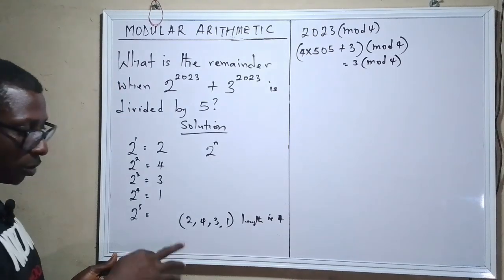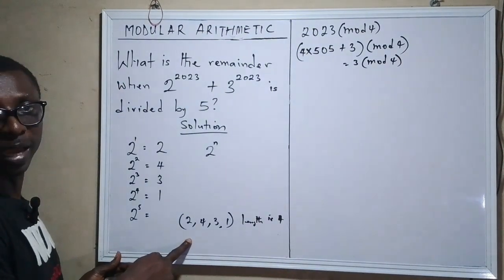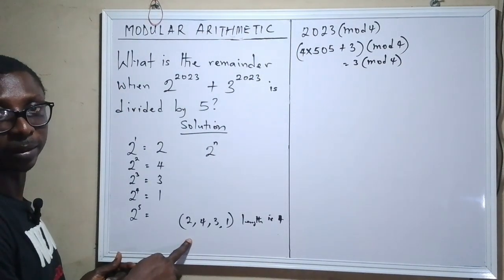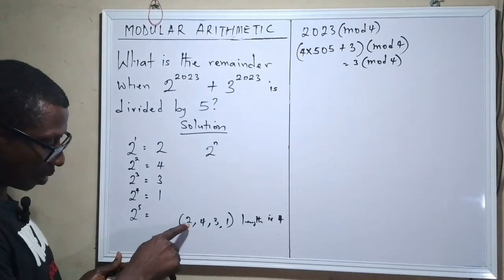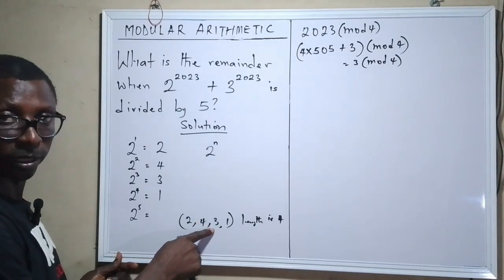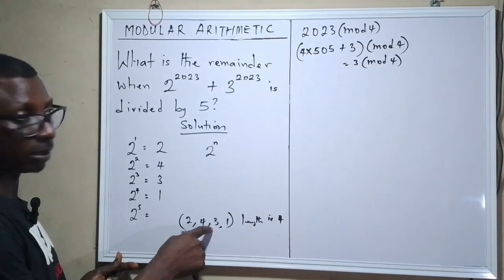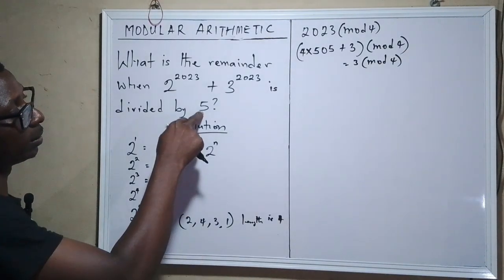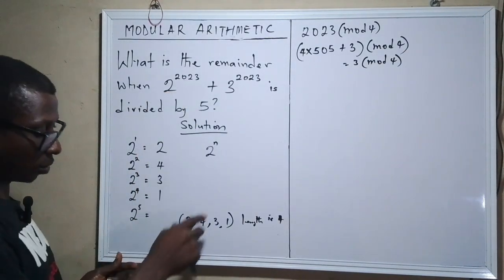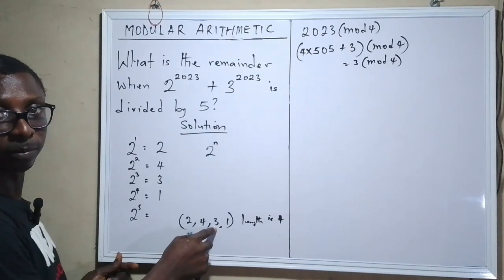Okay, so now you come here to get the remainder. So you count 1, 2, 3. Okay, so this is the remainder when 2 raised to the power of 2023 is divided by 5. So 1, 2, 3.